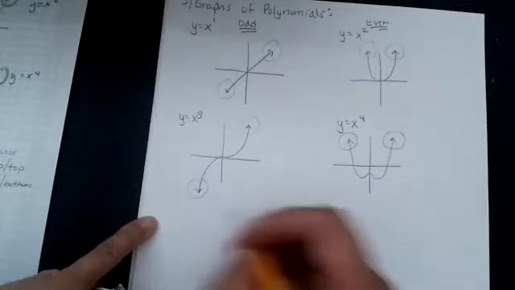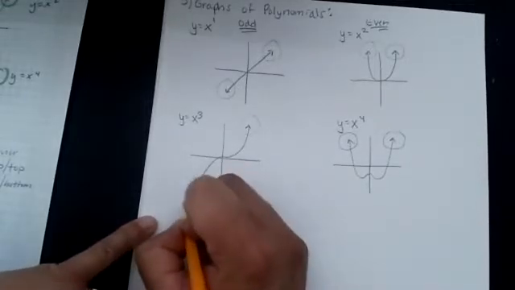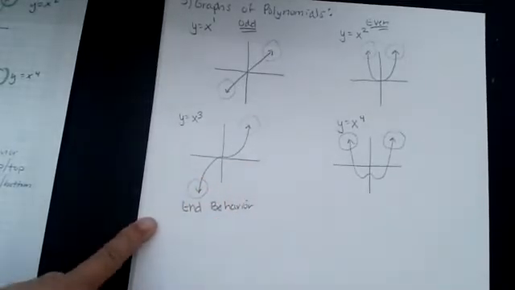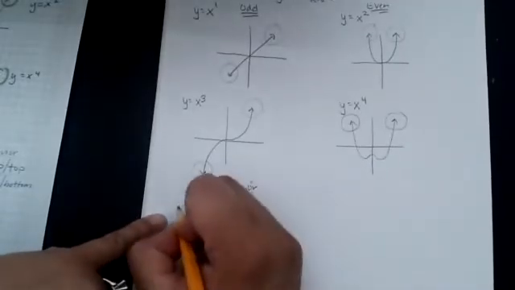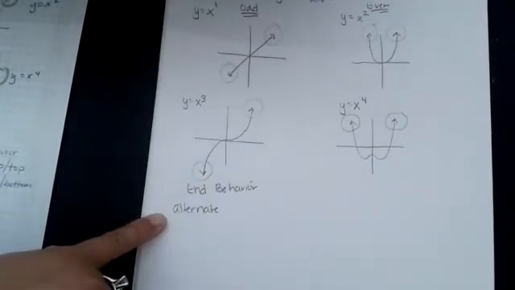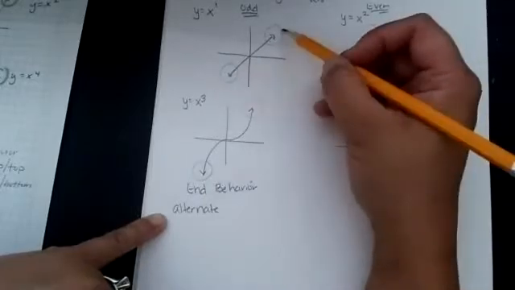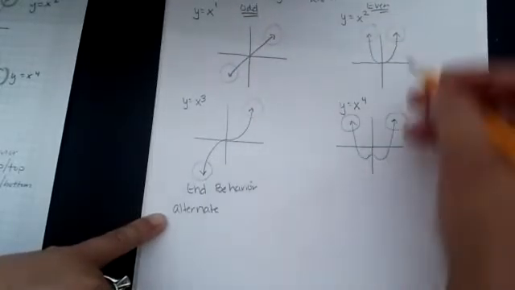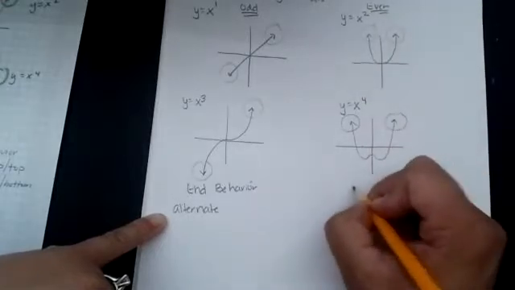So the end behaviors right here, these alternate. So either down up or up down. Okay, these end behaviors alternate. We're on the even.